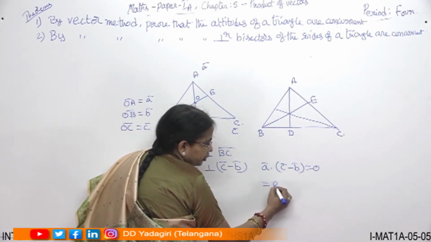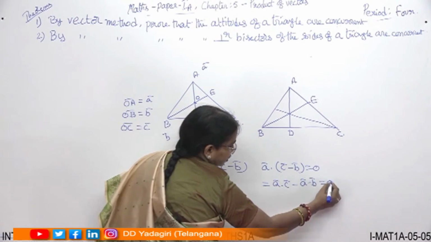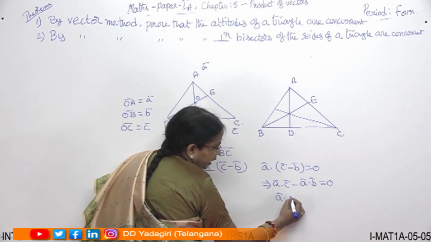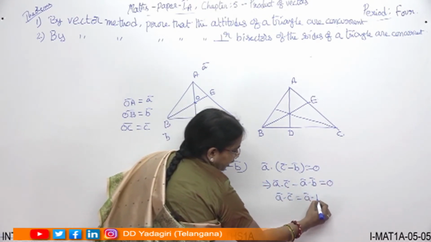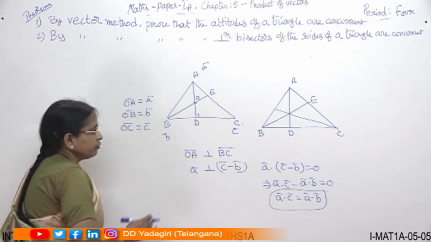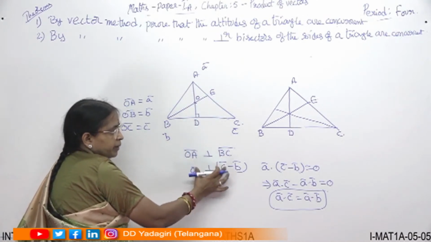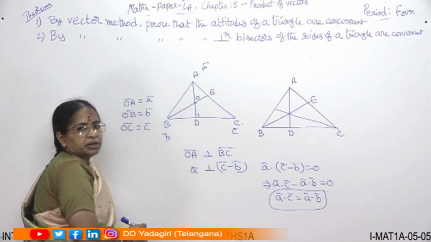It is distributive. A dot C minus A dot B is equal to 0. That means A dot C is equal to A dot B. So from OA perpendicular to BC, we got this equation.